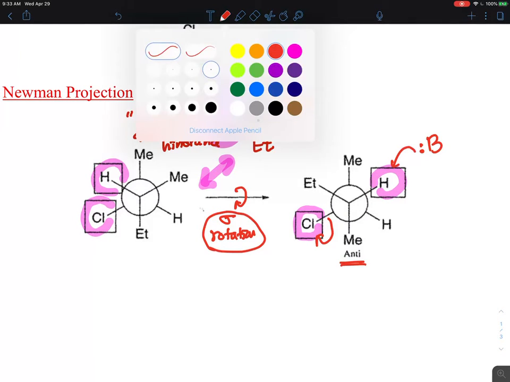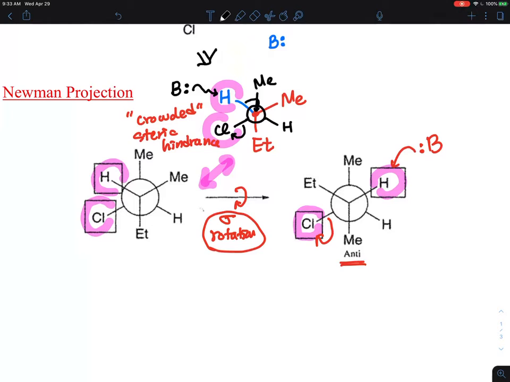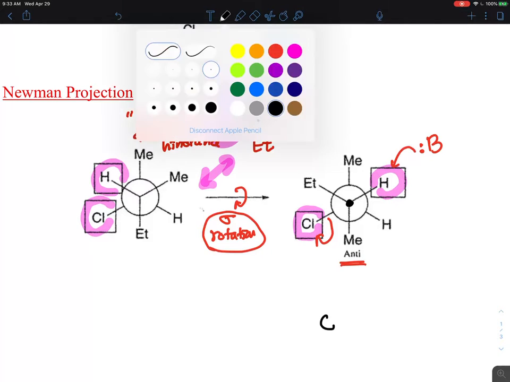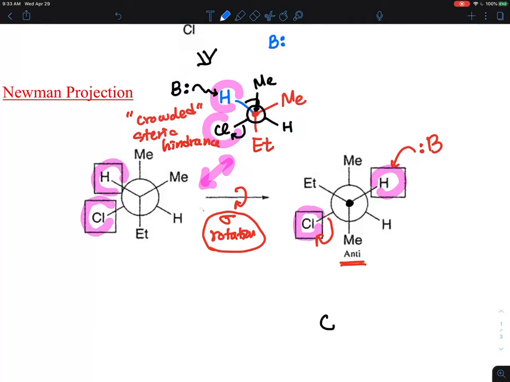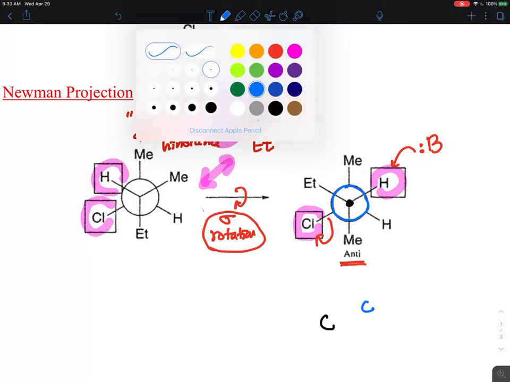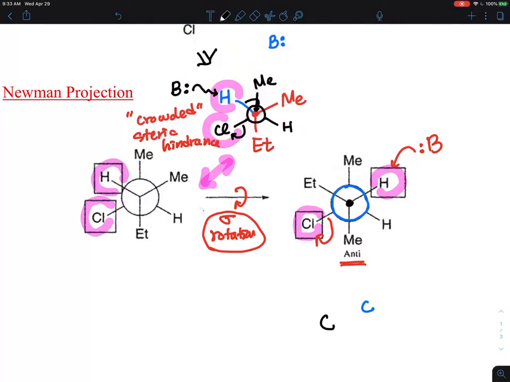So therefore, the answer here is going to be, let's do this, right? This is a front carbon, so I'm going to color code it. That's the front carbon. This is the back carbon. So I'm going to put the back carbon there, and then just finish the rest of them. A double bond is supposed to be formed because of the elimination reaction.